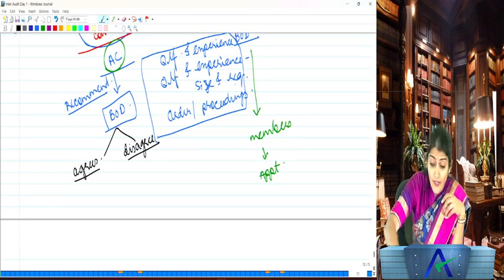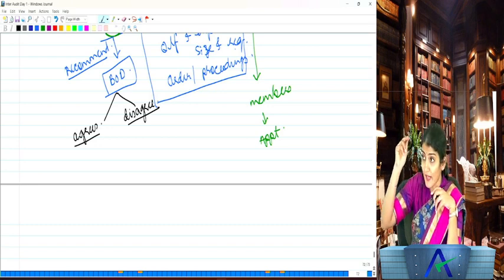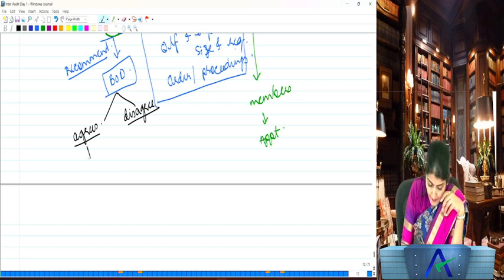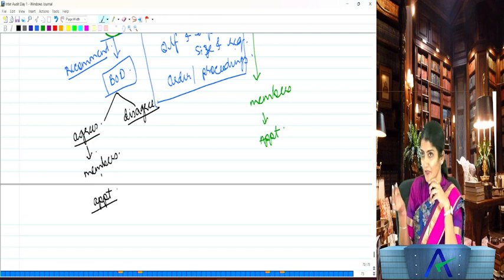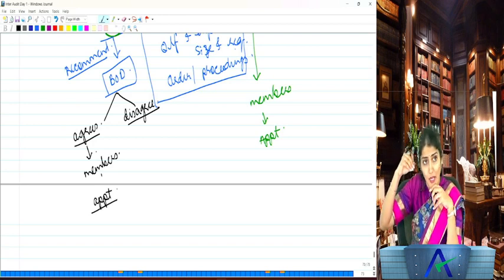If the board agrees with the recommendation of the audit committee, then that recommendation they will send to the members, and then the members will appoint the auditor.